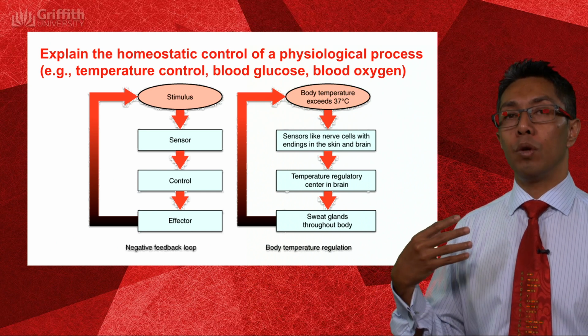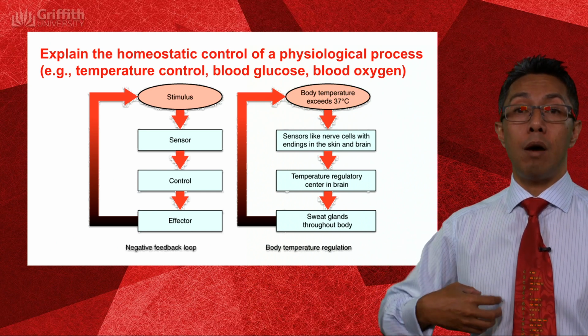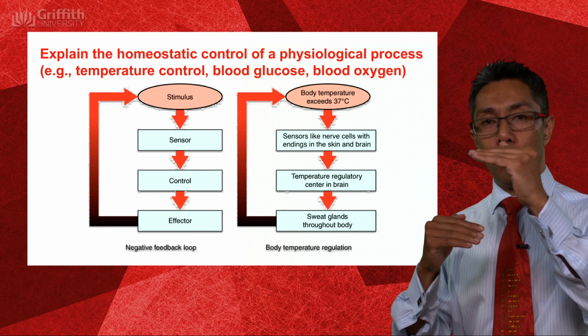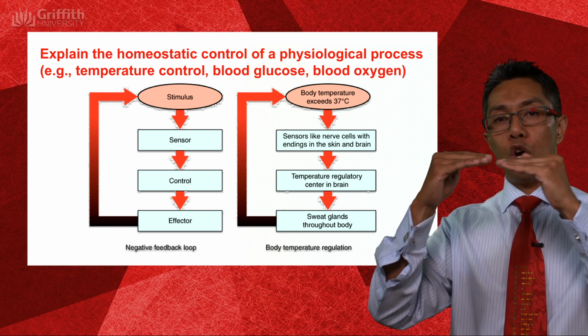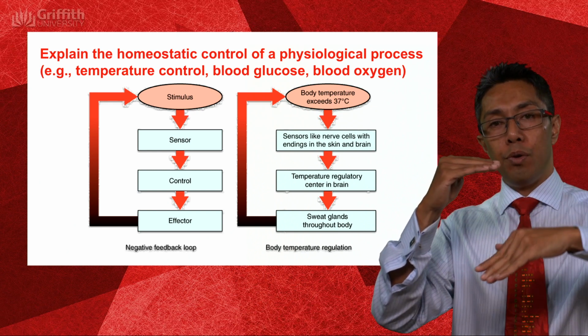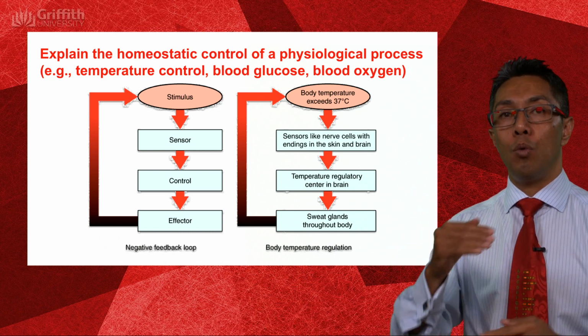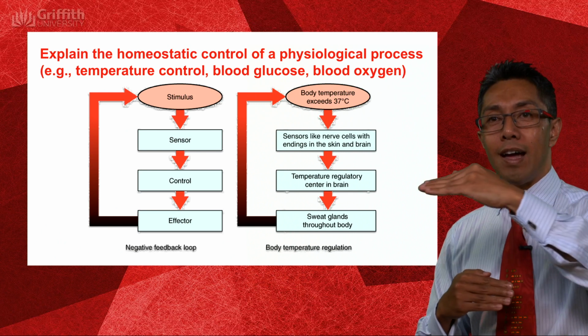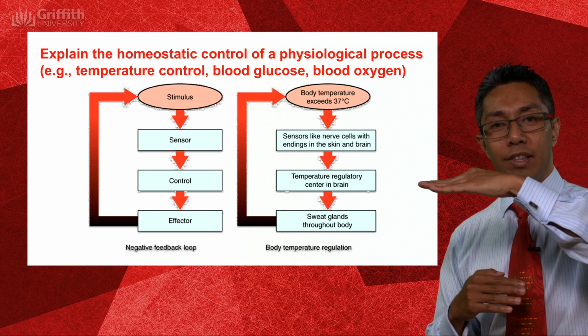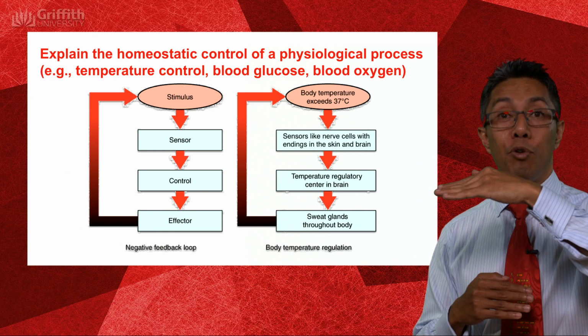So when we have a look at the control systems within our body, we have a set point that when things go above or when they go below this set point, we have mechanisms inside our body which bring us back to the straight and narrow, back to that normal level.